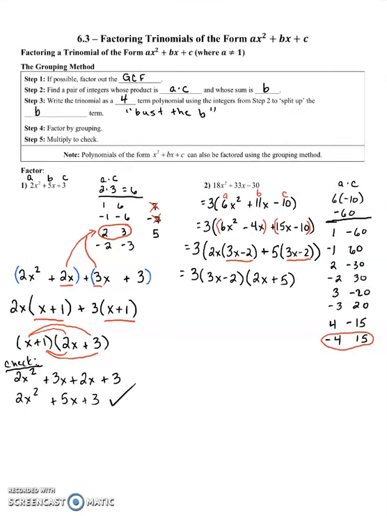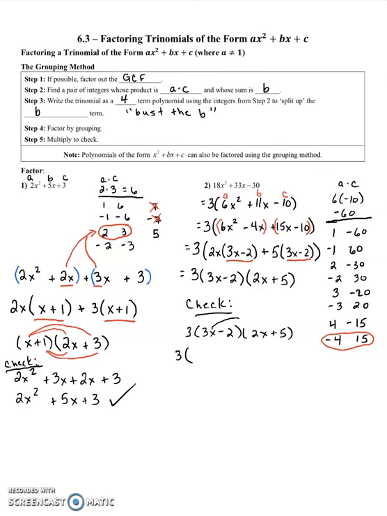Now we can multiply that back out. So here's our check. We're going to FOIL first. So we're going to do the 3x minus 2 times the 2x plus 5. So we still have the 3.